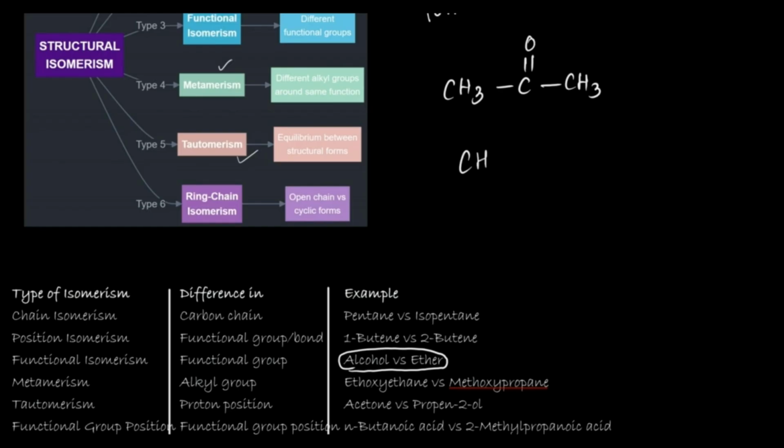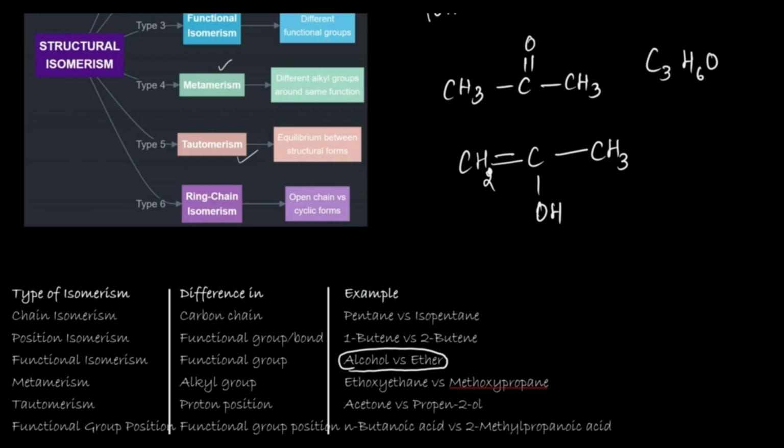Propane. So how many carbons? 3 carbons. C3H6O.